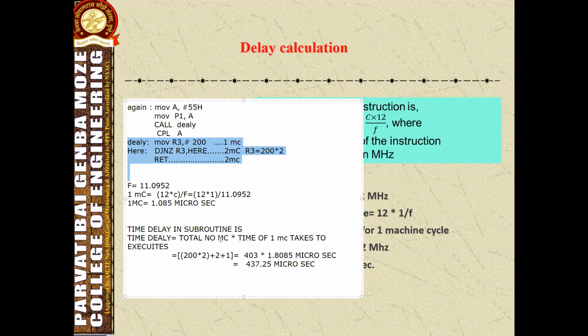A loop operation keeps repeating the same operation. This is the way of calculating the execution time of this subroutine. They may also ask the execution time for the whole program, but here we have seen how the delay is calculated by this subroutine.